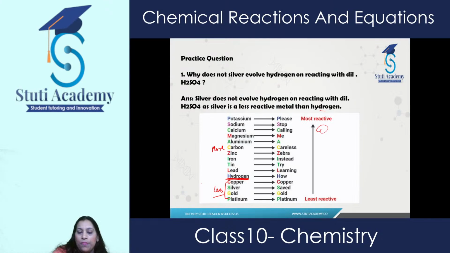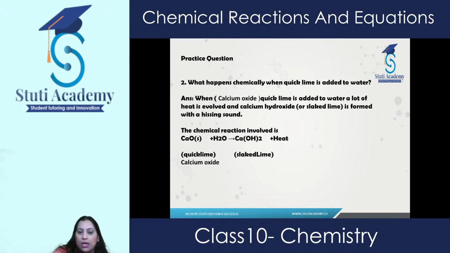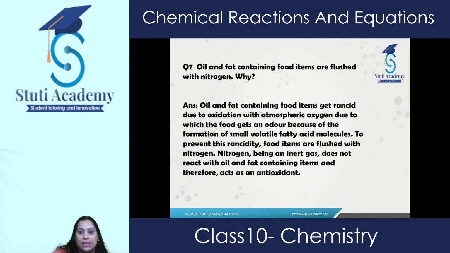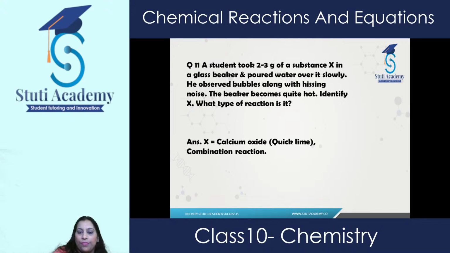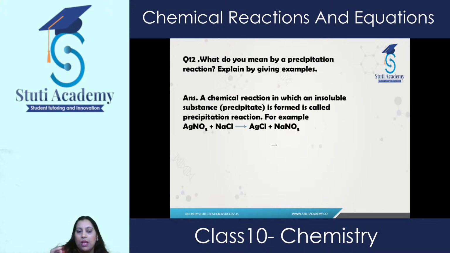Okay, now I have already discussed these questions. Fine. Okay. Now look at this example. AgNO3 plus NaCl gives AgCl and NaNO3.